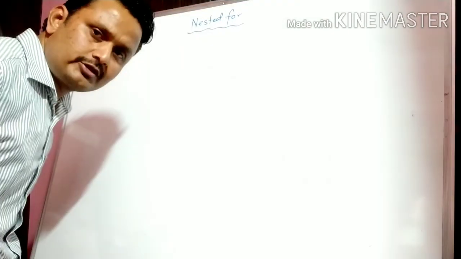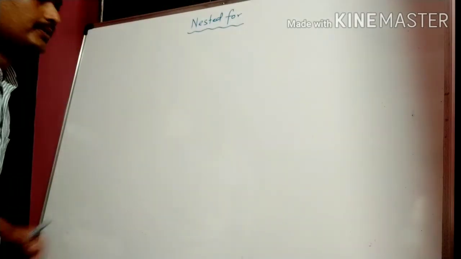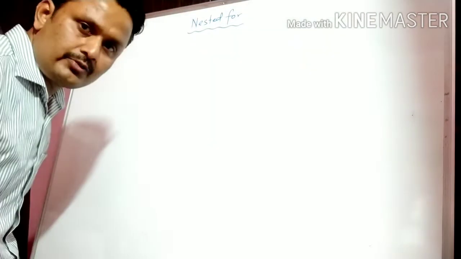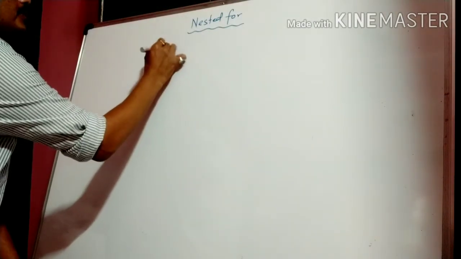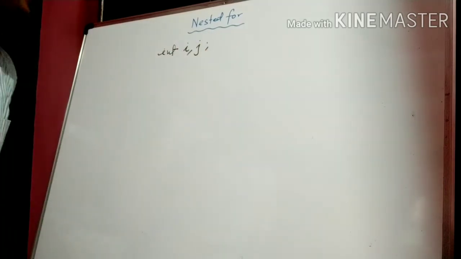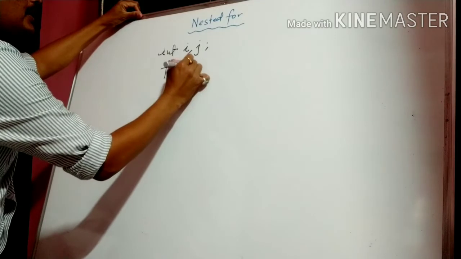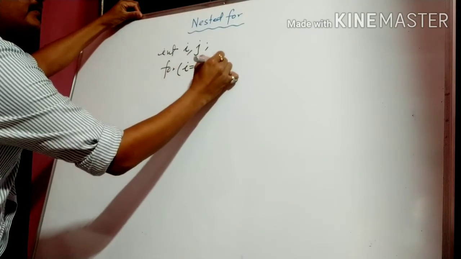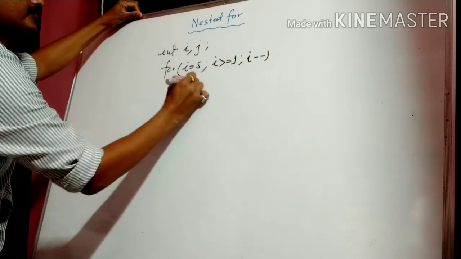This is our next clip for nested for programs. Just for revision purposes, I am trying to explain these things. There are two variables of data type int, I and j. For I is equal to 5, I greater than equal to 1, and I minus minus.